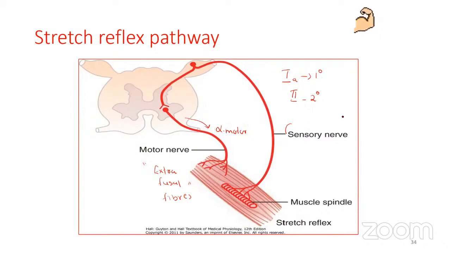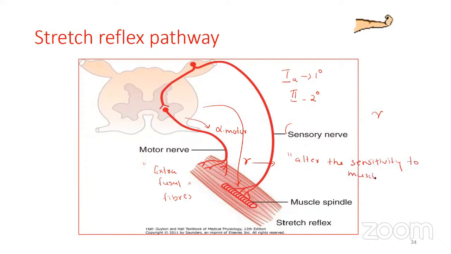Then what is the role of gamma motor neuron? Gamma motor neuron is the efferent supplied to the muscle spindle. It is the gamma motor neuron which actually alters the sensitivity of the muscle spindle to stretch.